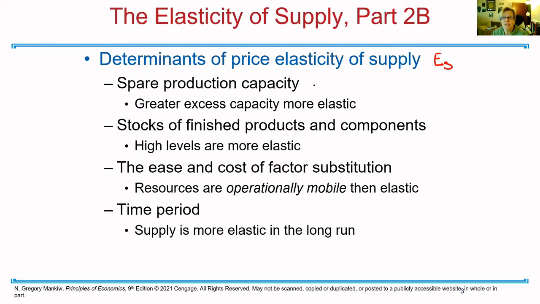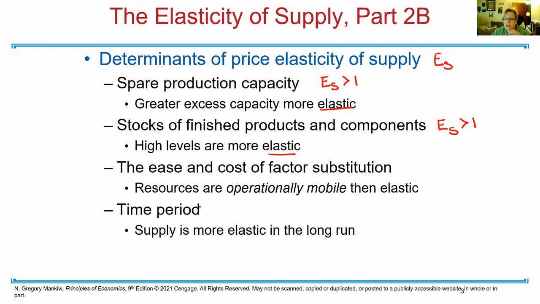If we have a bunch of square footage in our business that we can utilize to increase production, that would make us more elastic. So elasticity of supply, if we have spare production capacity, would be greater than 1, or elastic. Stocks of finished products and components: if we have a lot of inventory, that means our elasticity of supply is greater than 1, or elastic.